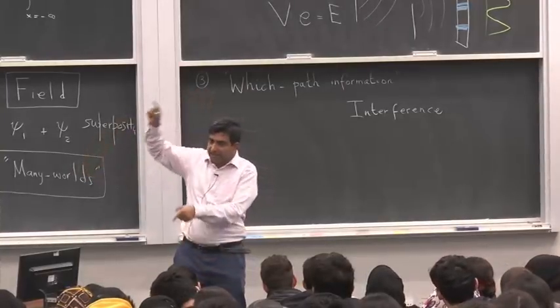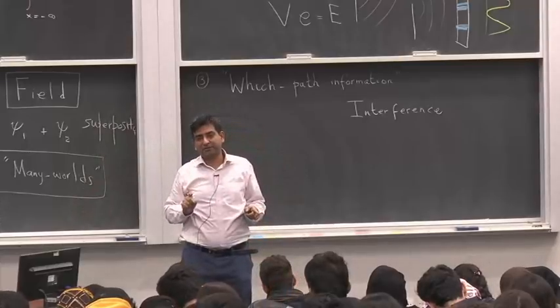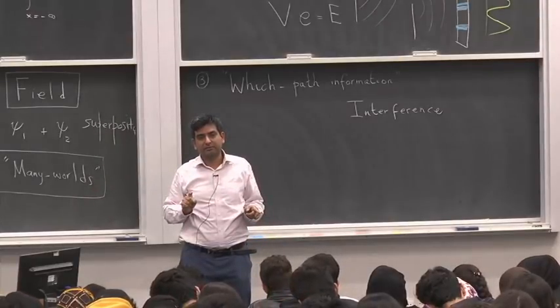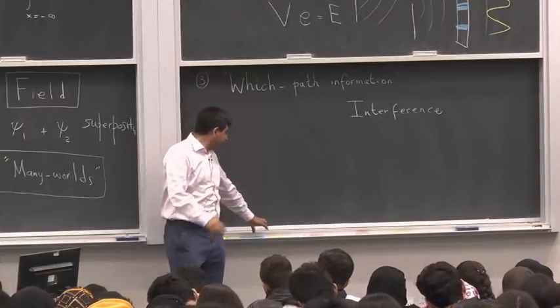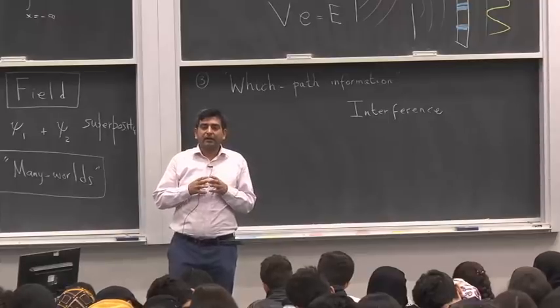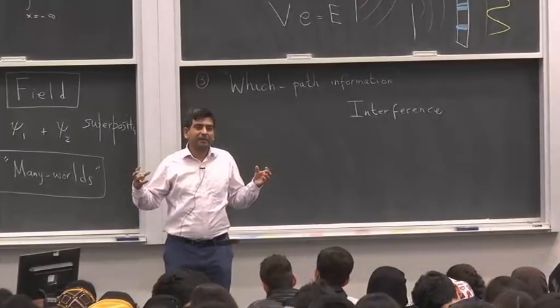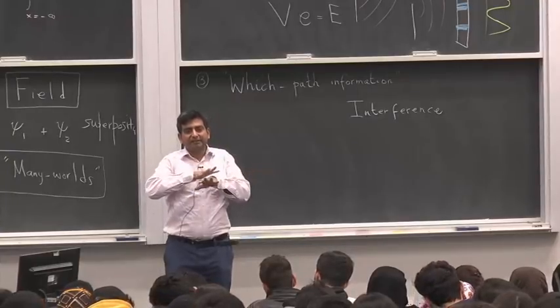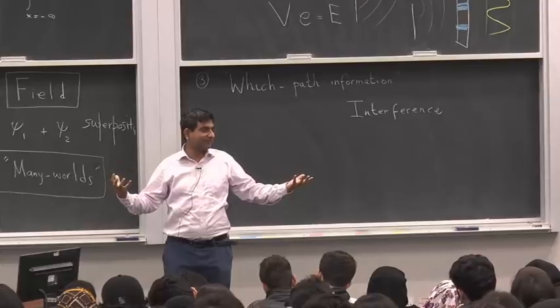If you obtain an interference pattern, you will not obtain the which path information. Okay? Now, from wave theory, from Young's double-slit experiment, when you see an interference pattern, it means that the interfering waves have a particular wavelength. Correct?